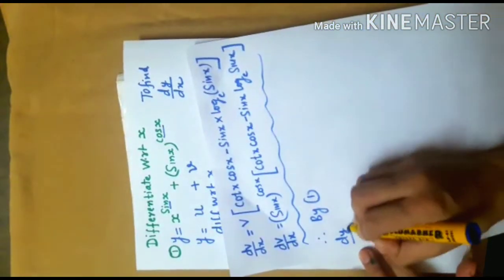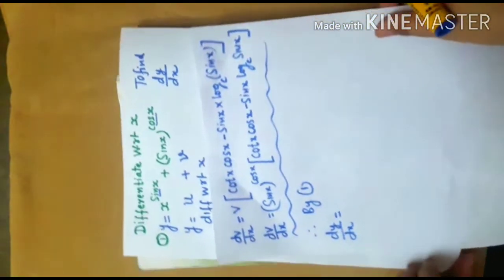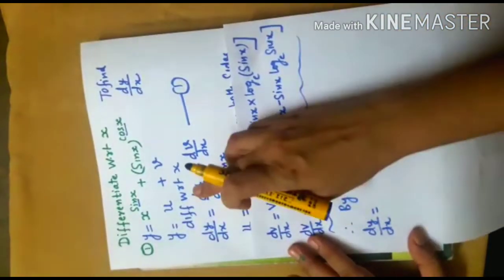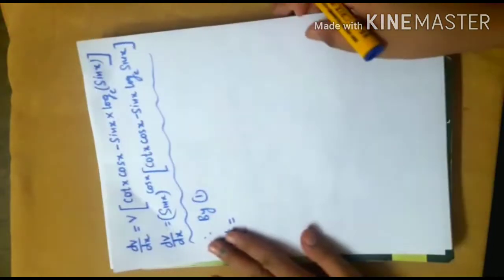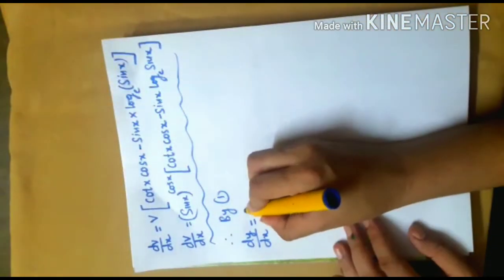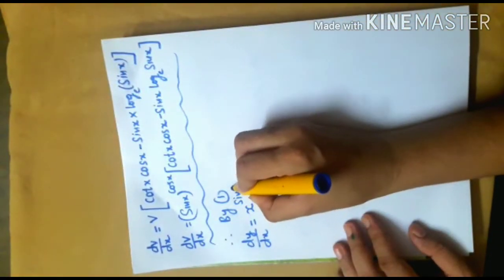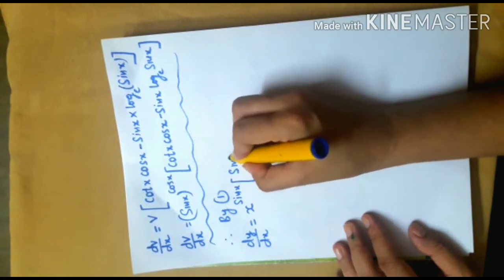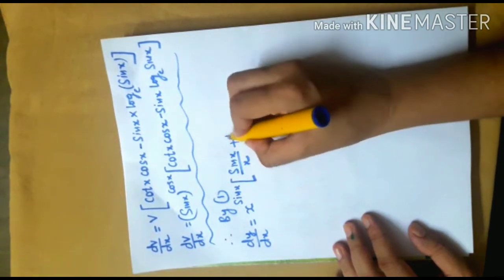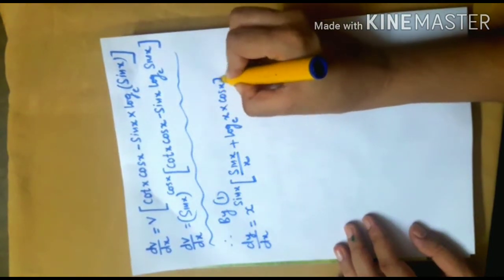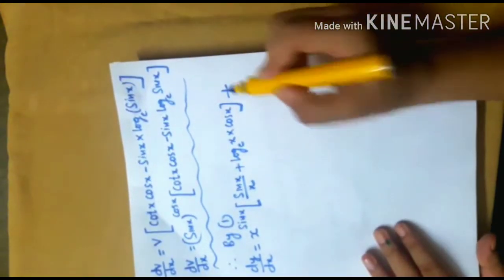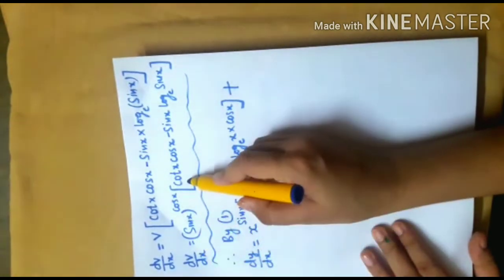So dy by dx will be equal to, yes, it's du by dx plus dv by dx. So what was du by dx? Du by dx was this. So I'll put its value. So it's x raised to the power sin x over x plus log x into cos x, and plus dv by dx, and dv by dx is this.